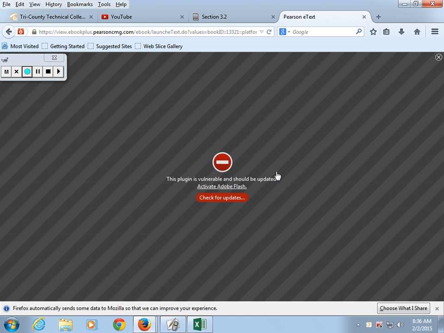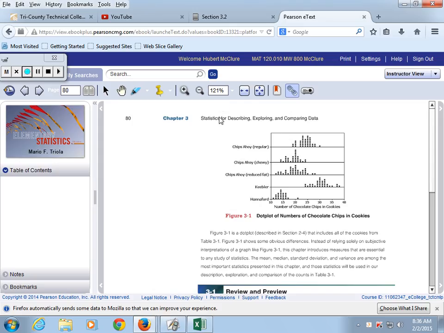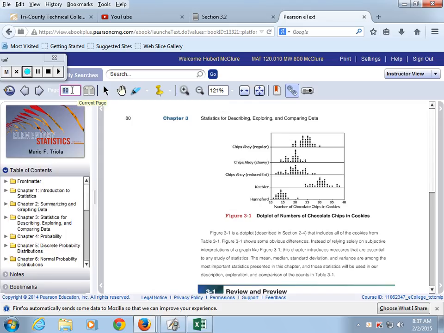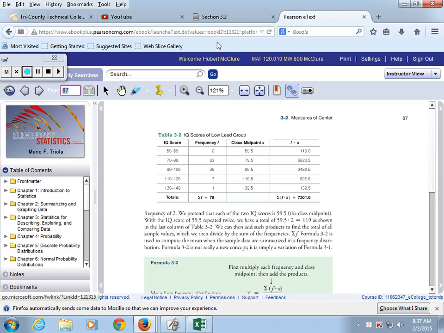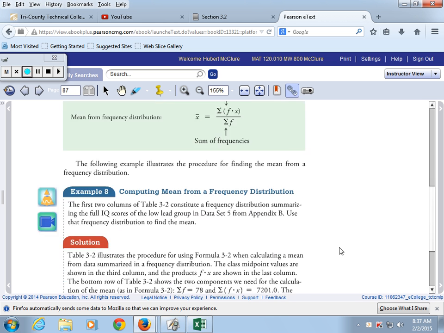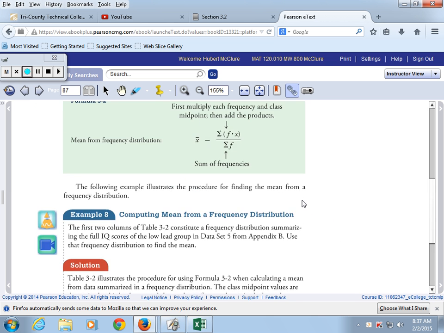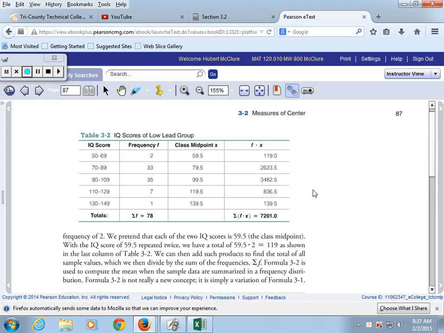Somewhere in there? Okay, thank you. We just had, I think we did one problem with the mean of this table right here.